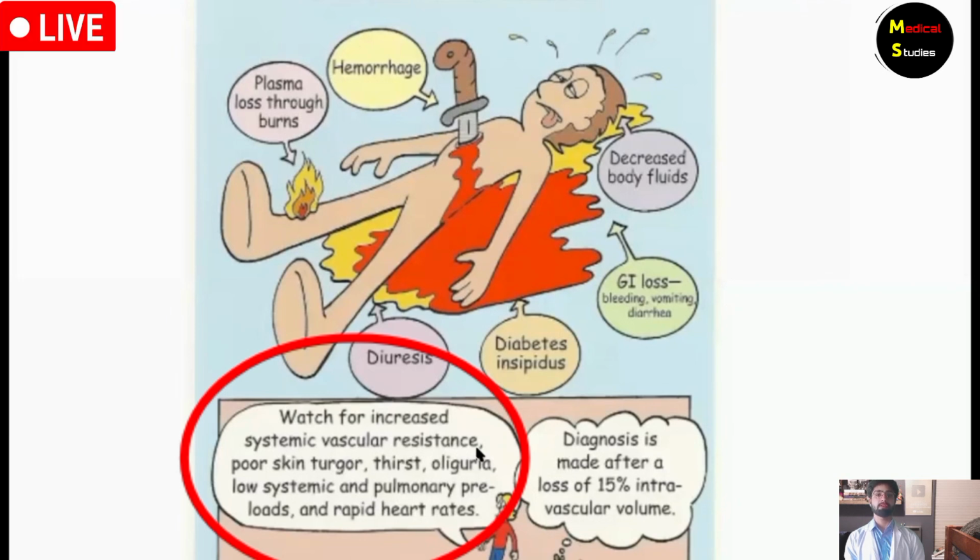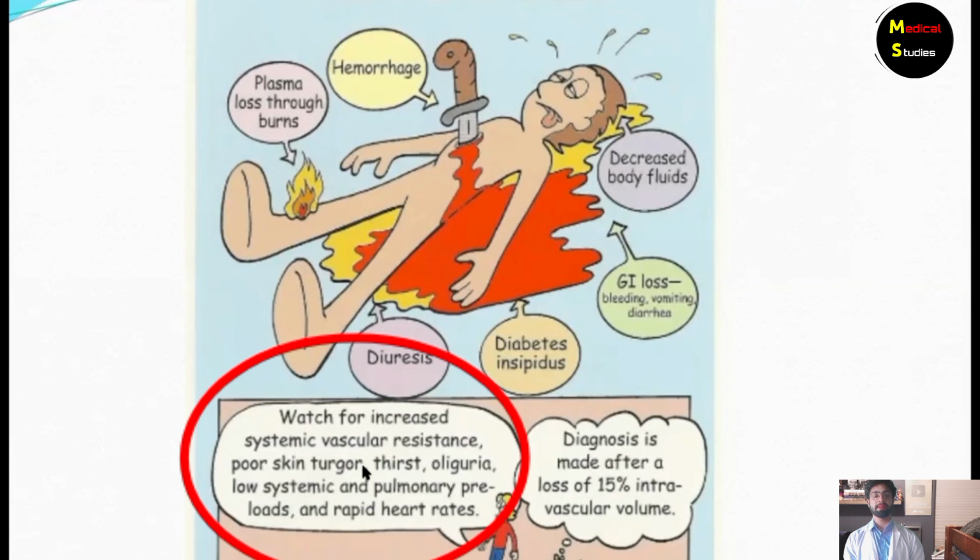But in severely dehydrated people, if I do the same test, their skin takes a longer time to go back. This is called poor skin turgor or poor skin elasticity. Got it, everyone? This is a very important feature of severe dehydration.